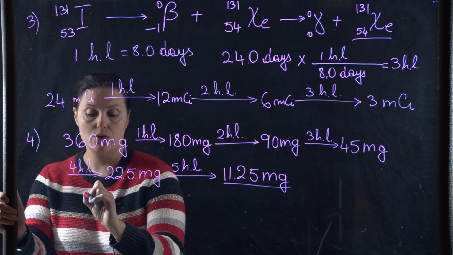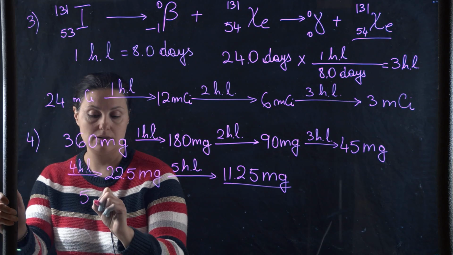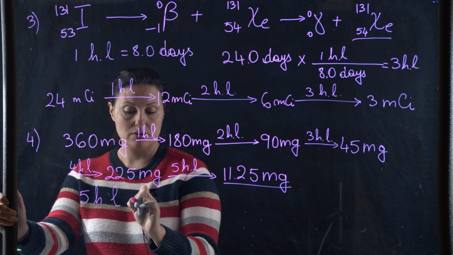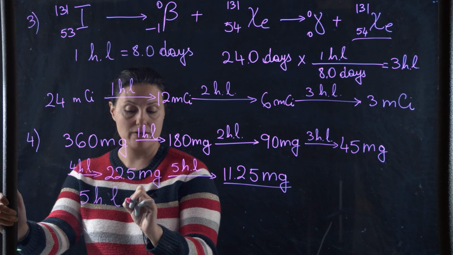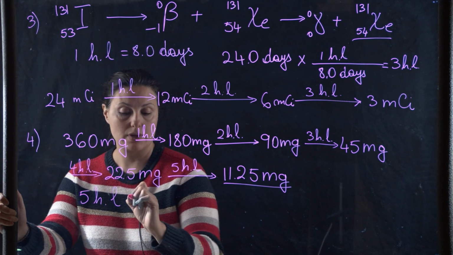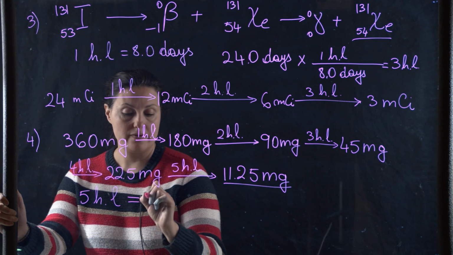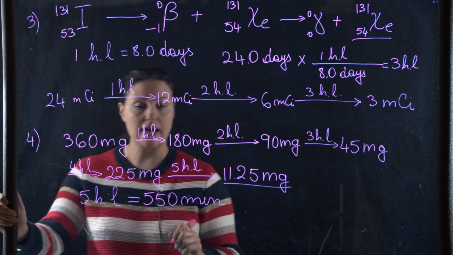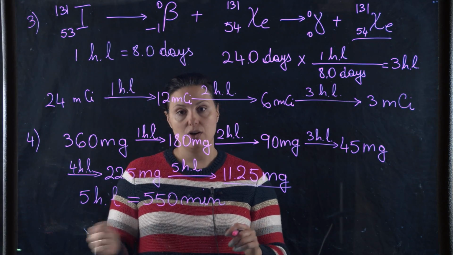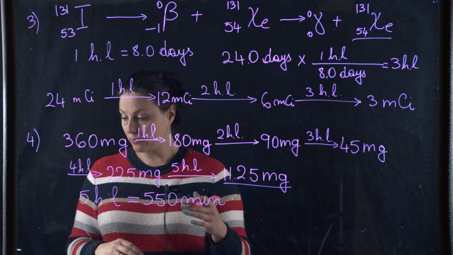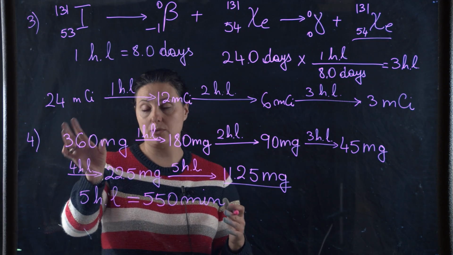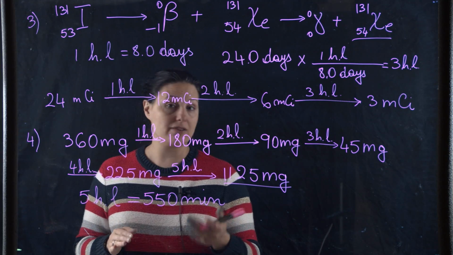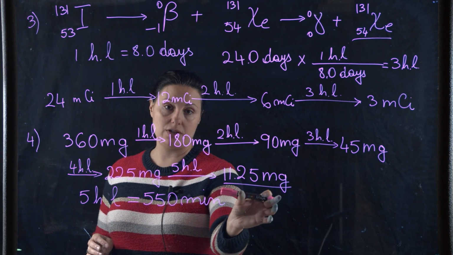Now, those 5 half-lives have to equal 550 minutes, because that's the whole time that has passed for the initial sample of 360 to get down to 11.25. It tells me that after decaying for 550 minutes, you found that you had this much.